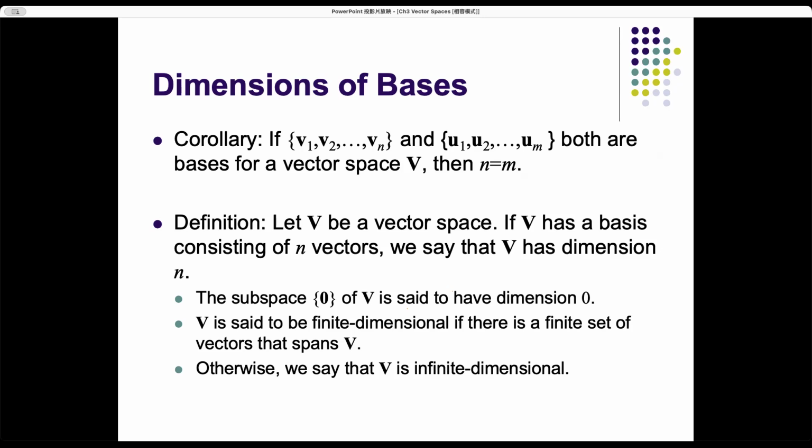Okay, so let V be a vector space. If V has a basis consisting of n vectors, we say that V has dimension n.